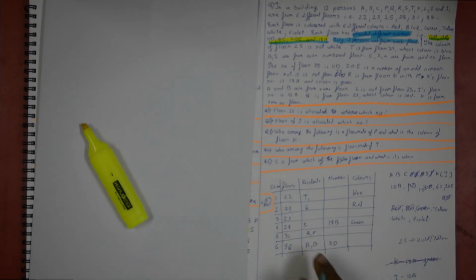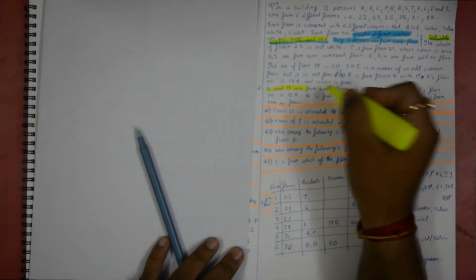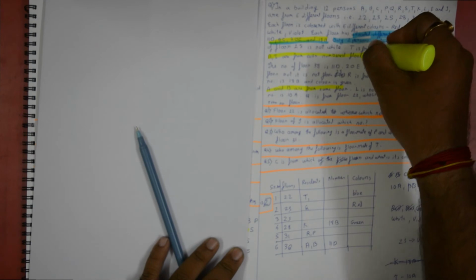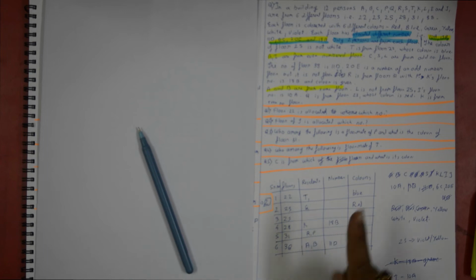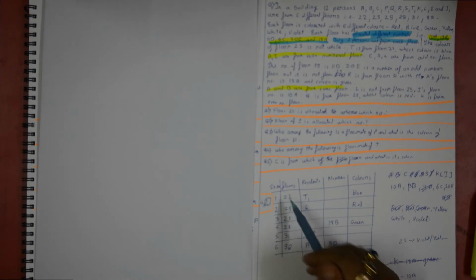And the reason is A and B have to go together on an even number floor. So with this we can chop off A and B. See what happened just now. A and B are on the same floor and A and I are on even number floors. So if we want to put A, we have to put B with it, and the only even numbers possible are 22, 28 and 38, and 22 and 28 already have one resident. So the only option left is 38, where we can put B.